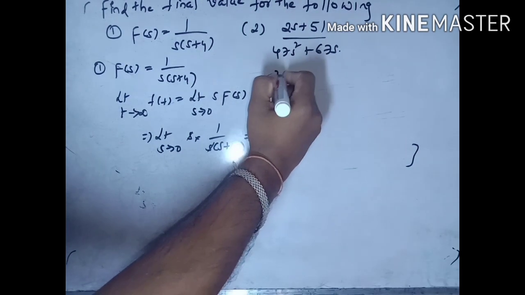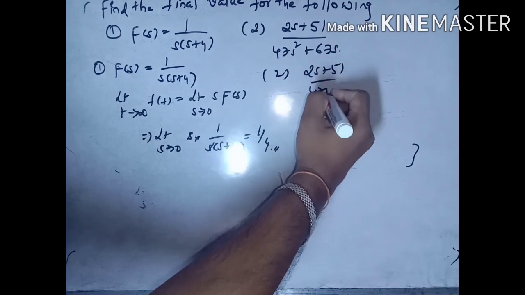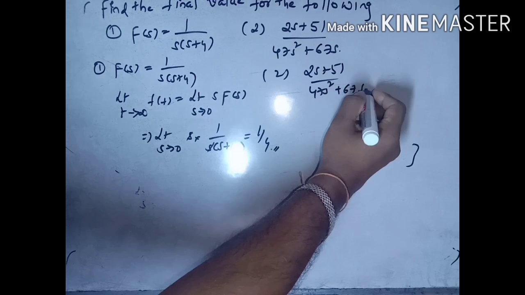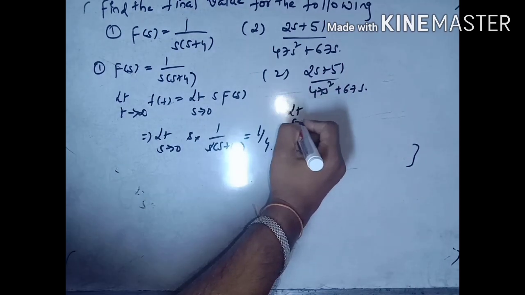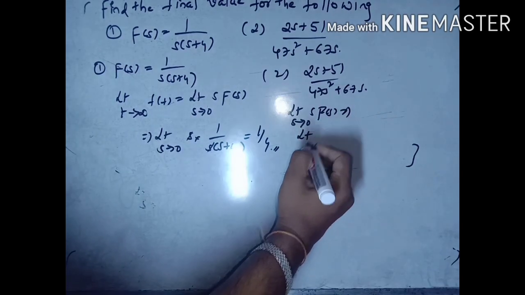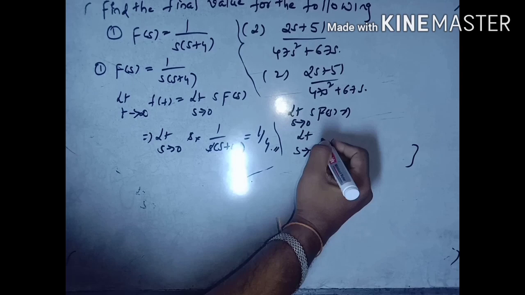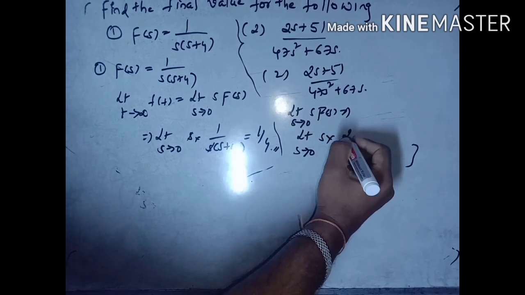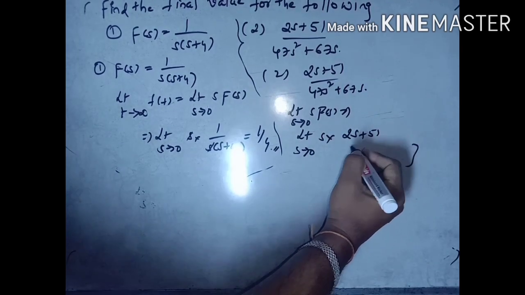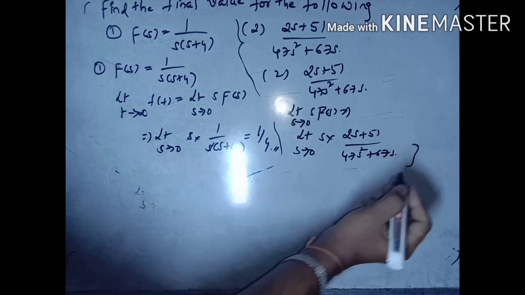And next, coming to the second one, 2s plus 51 by 47s square plus 67s. For this, limit s tends to 0 s into f of s can be written as limit s tends to 0 s into 2s plus 51 by 47s square plus 67s.